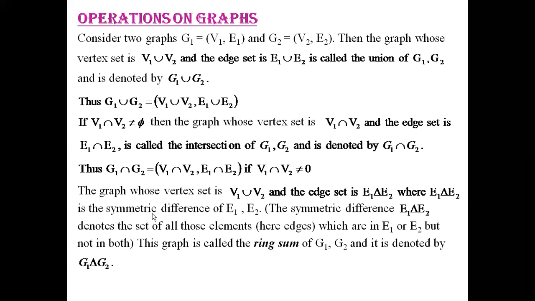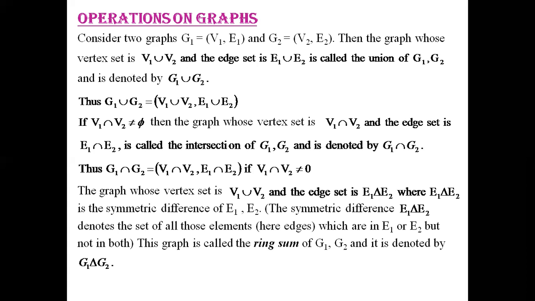We'll read it once again and understand the definition. The graph whose vertex set is V1 union V2, and the edge set is E1 symmetric difference E2. The symmetric difference denotes the set of all those edges which are either in E1 or in E2 but not in both of them.